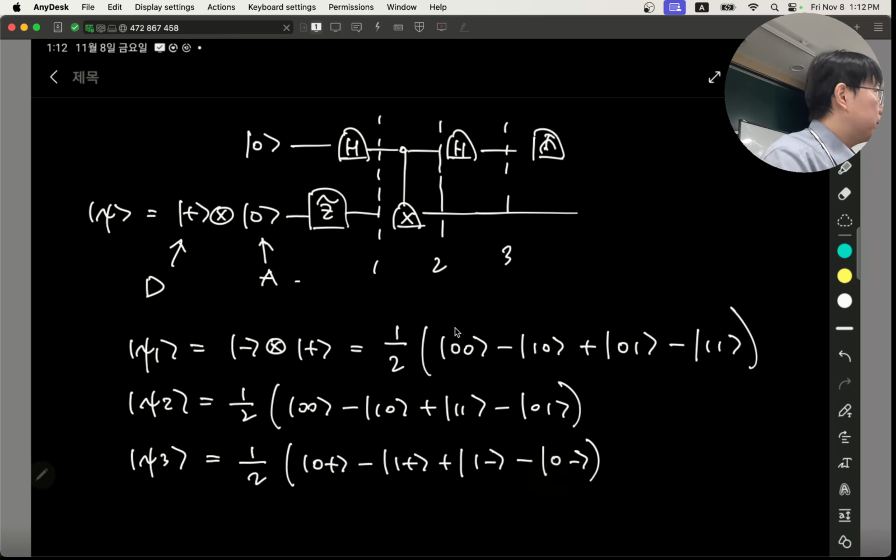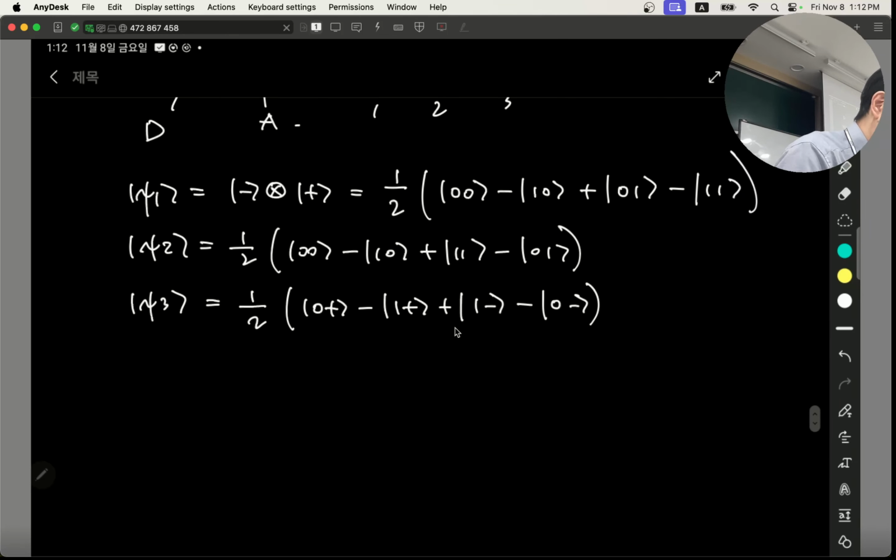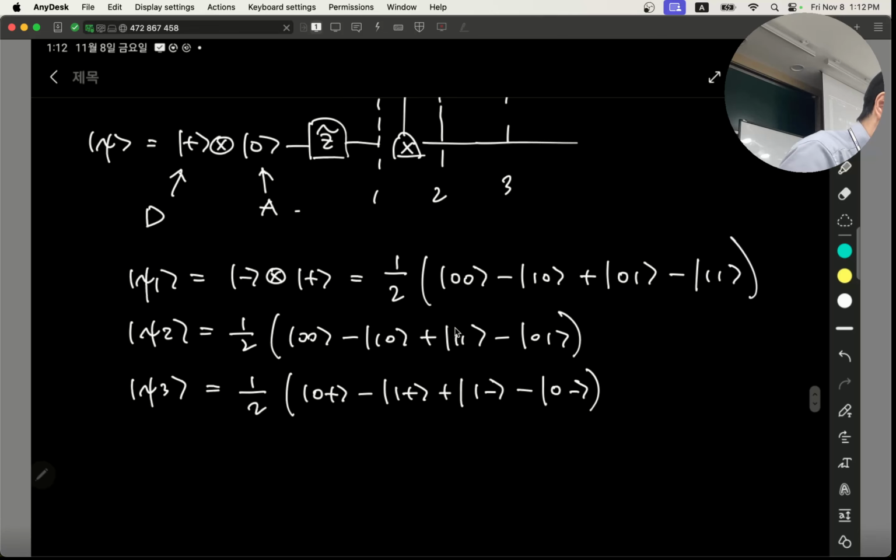I'm doing this tedious calculation just to show that this actually works, but you can easily imagine doing it theoretically. What we have done last time is that when you switch the order of gates, you get a minus out. So you can do the same thing with that kind of operation.